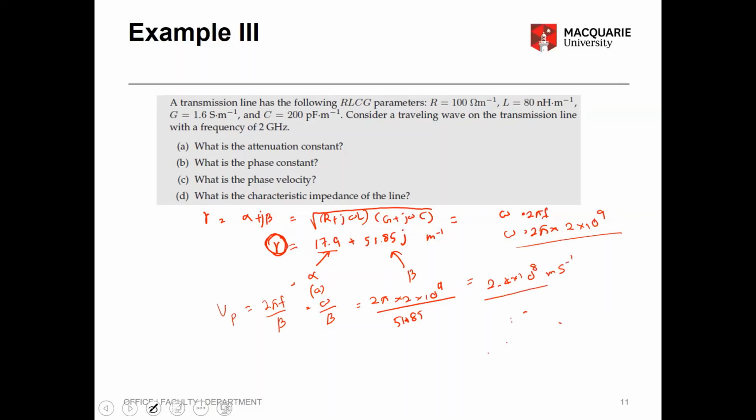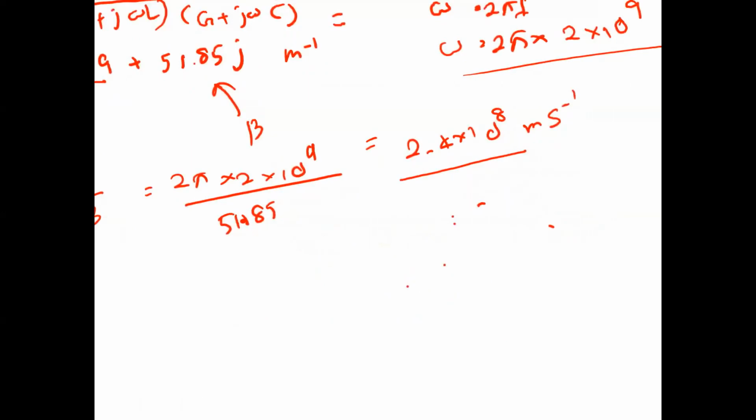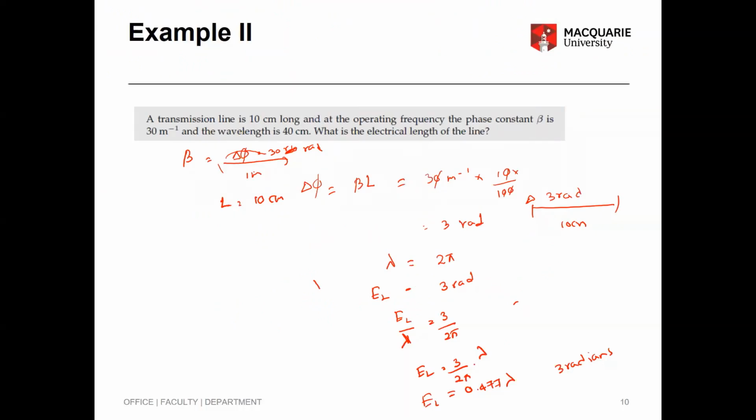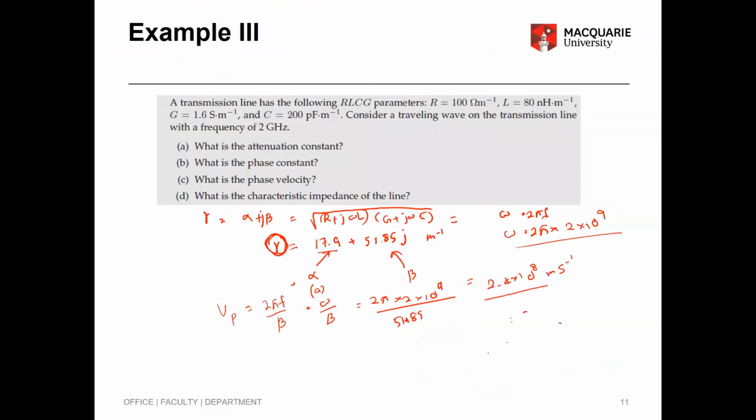Now that's obviously smaller than the speed of light, because that's in a medium. So that's the phase velocity. So that's part C.